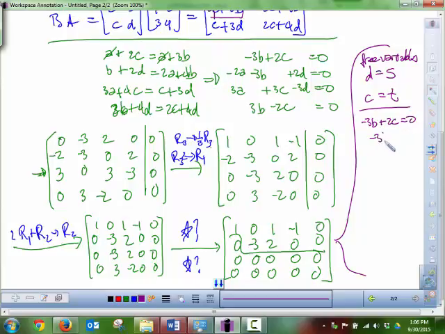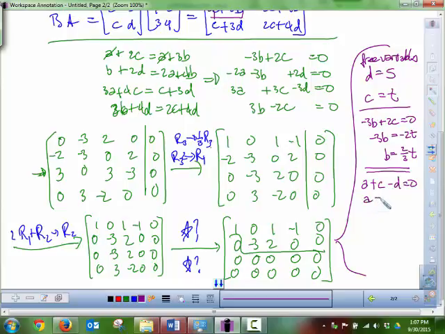So minus 3B is equal to negative 2C, and C is equal to T. So B is equal to 2/3 of T. And then the last one says A plus C minus D is equal to 0.